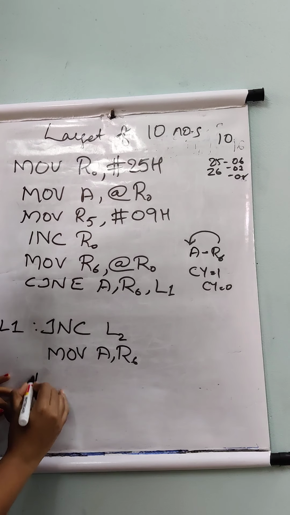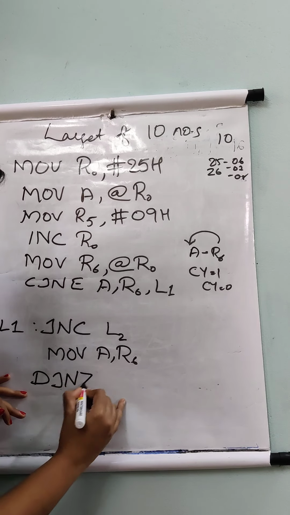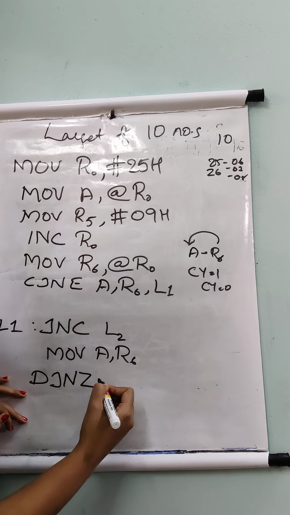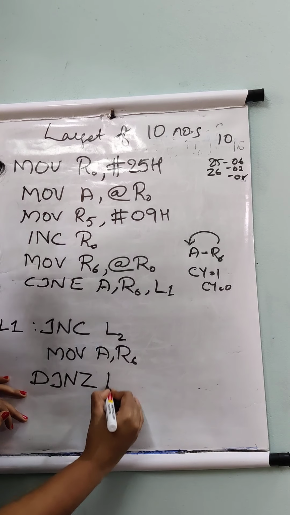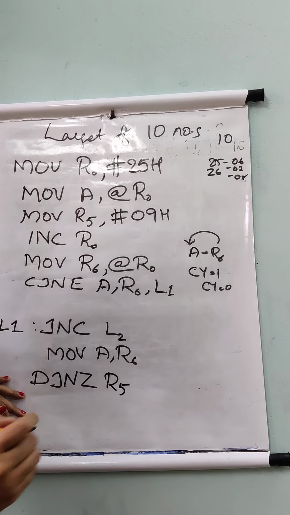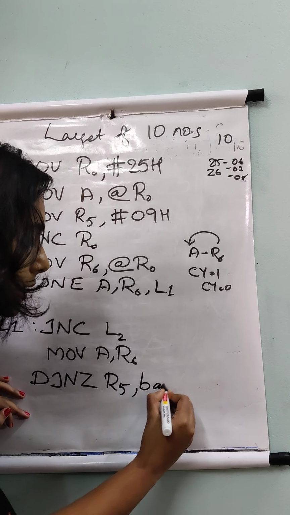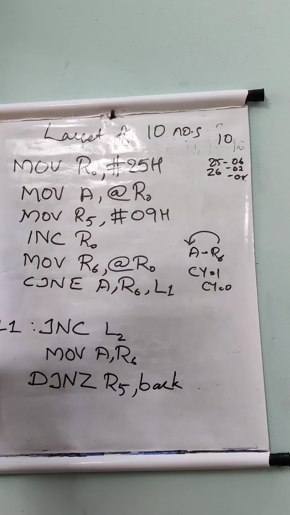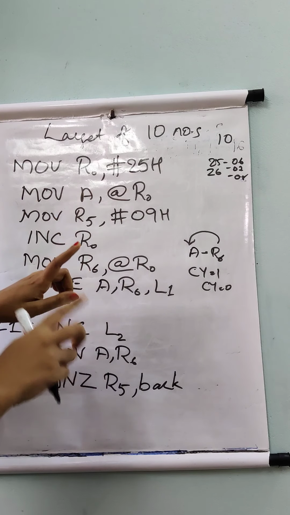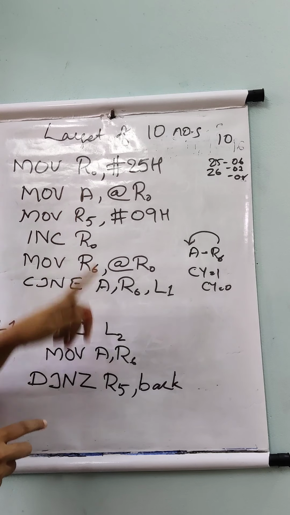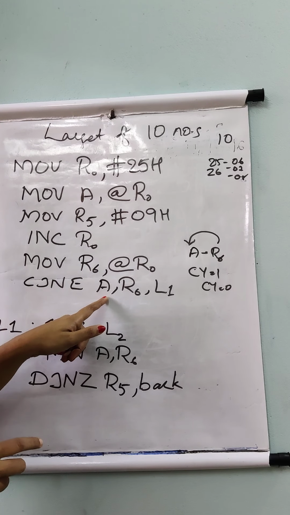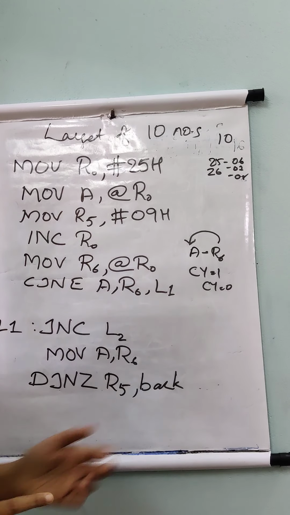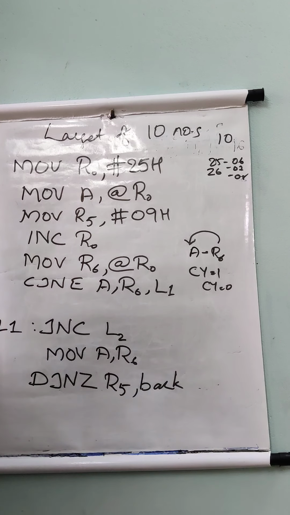So the next step is DJNZ, decrement and jump on non-zero. Which one is not 0? The count. When R5 is not 0, we have to repeat the process, right? Now the largest number is there in our first location. Always the biggest value is going to be in the accumulator, and we will keep on comparing with all the other numbers.